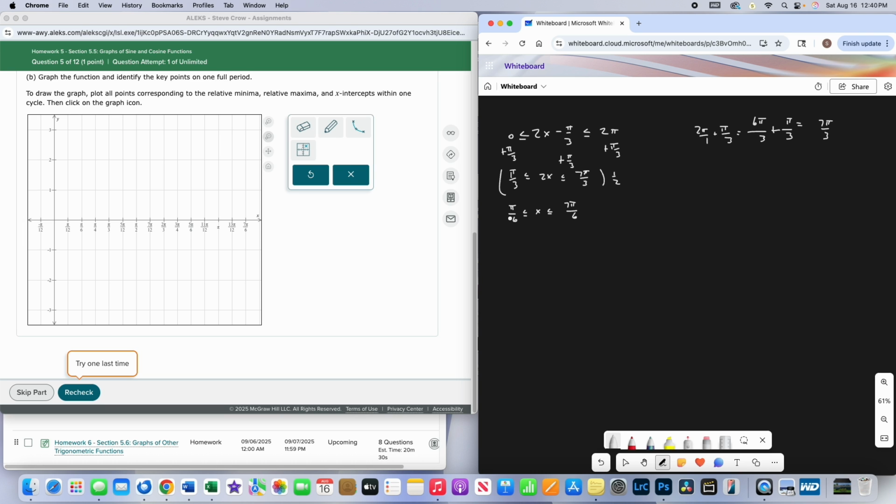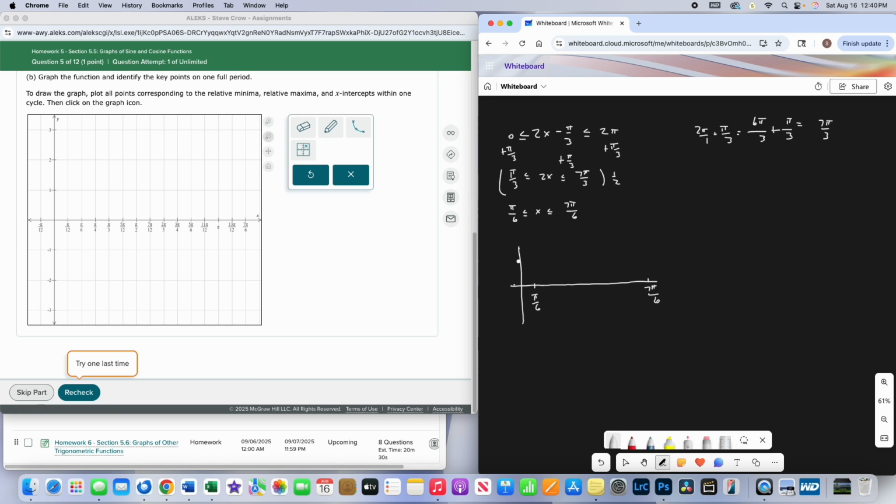But anyway, this is what we're graphing it over. So we're graphing it from pi over 6 to 7 pi over 6. All right.